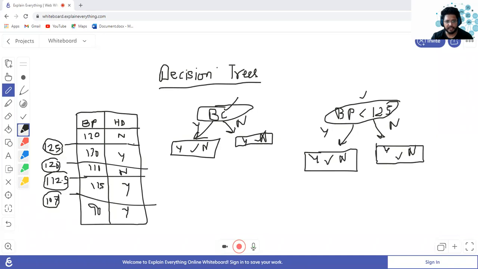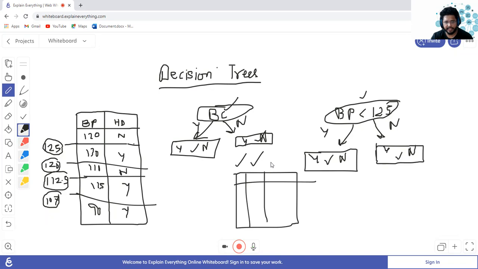It is just calculating the adjacent averages, and in case of categorical data, if you remember, we were finding the Gini impurity of the attributes, right? Here we are finding the Gini impurity of the average of adjacent rows.